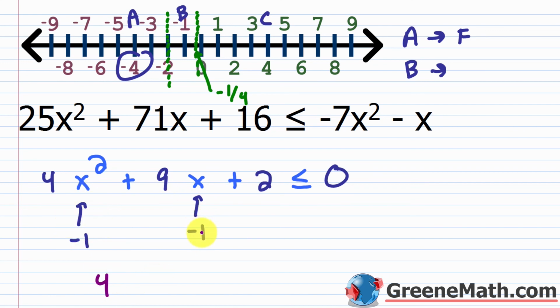So 9 times negative 1 is minus 9. And then we have plus 2, and this is less than or equal to 0. We can tell that this is going to be negative on the left, right? So it will be less than 0. So we can say for interval B, it's true. And then again, in most cases, okay, not every case, but in most cases, if A works, the leftmost region, then B will not work, and C, the rightmost region, will work.